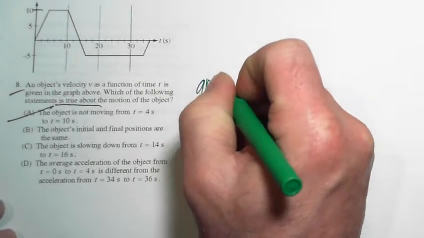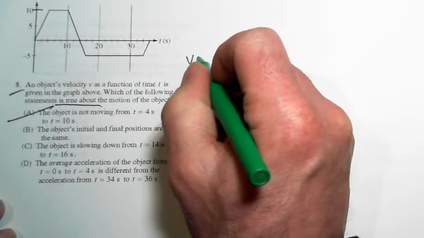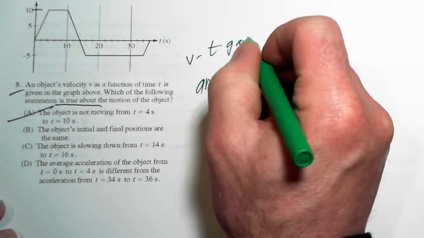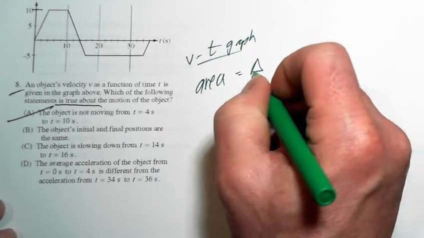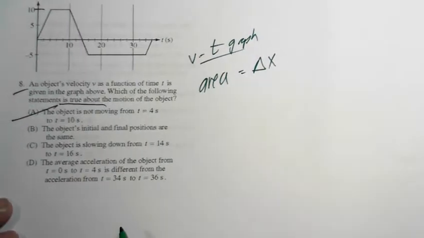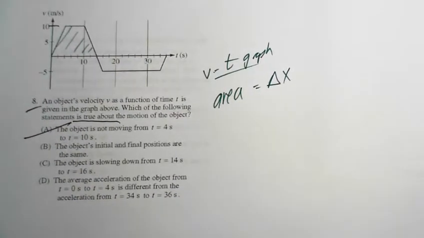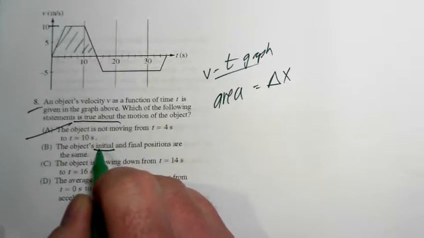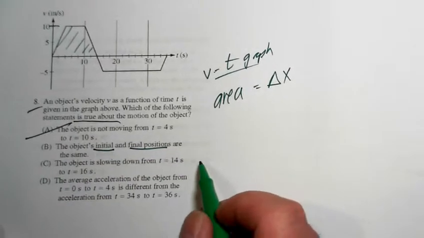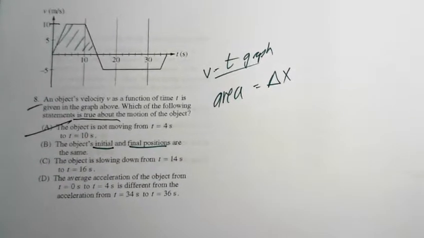B, the object's initial and final position are the same. As we discussed in the earlier problem, on a velocity versus time graph, the area is the displacement. If it comes back to the initial and final position, that means it went somewhere and then came right back.